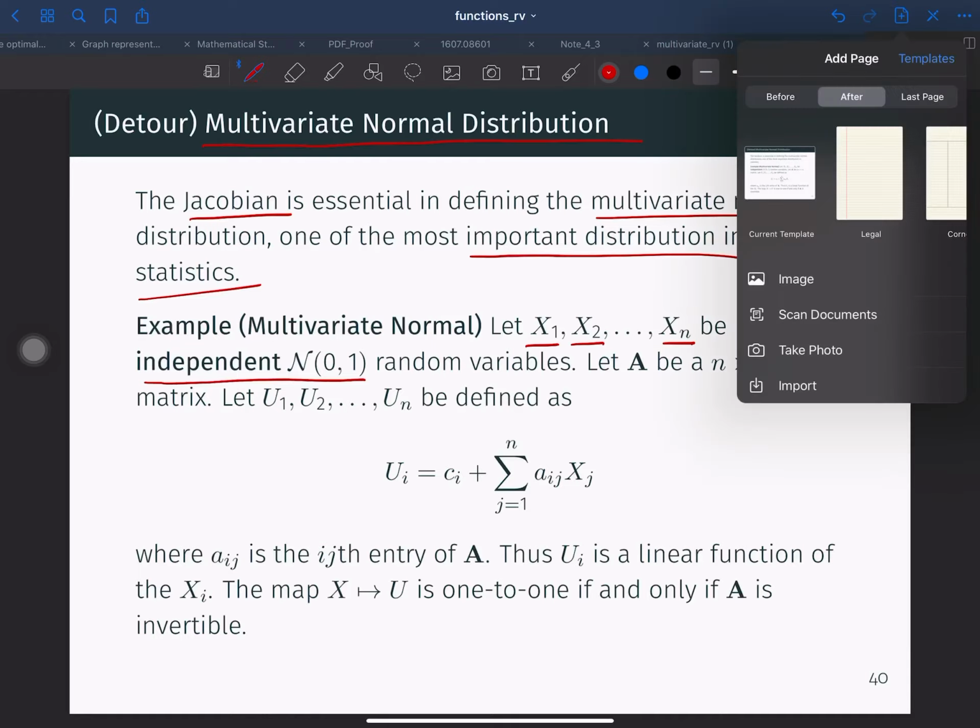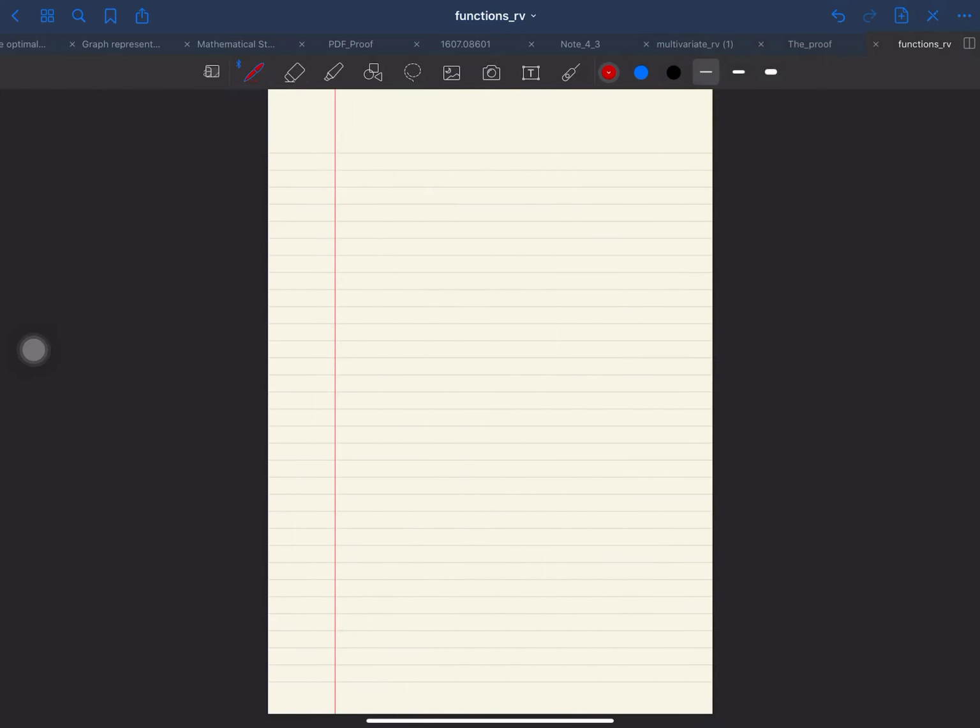In that case, by independence, the joint PDF of x equal to x1, x2 up to xn would be the product over i from 1 up to n of (2 pi)^(-1/2) exponential of minus xi squared divided by 2.